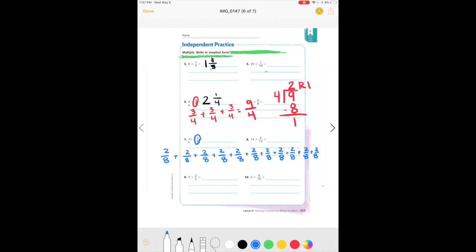There we go. Okay, adding like fractions, my denominator stays the same, and I add up my numerators. 2, 4, 6, 8, 10, 12, 14, 16, 18, 20, 22.